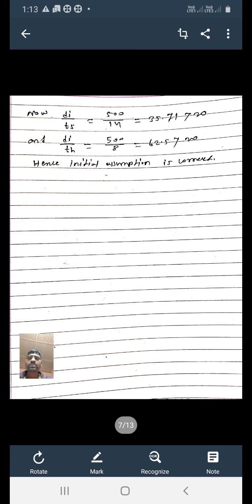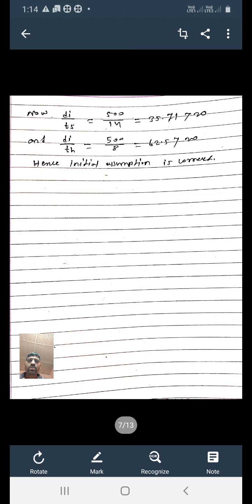Thick cylinder means if the ratio of the inner diameter of the cylinder to its wall thickness, that is di by t, is less than or equal to 20, the cylinder is considered to be a thick cylinder. We have seen some examples of the thick cylinder: hydraulic cylinder, high pressure pipe, gun barrel, receivers, etc.